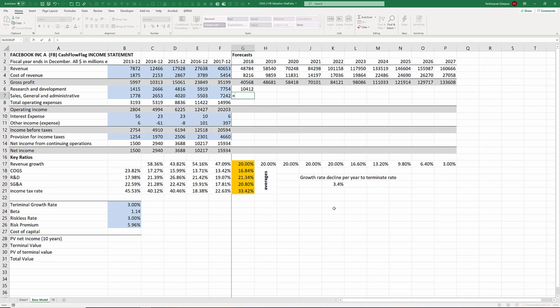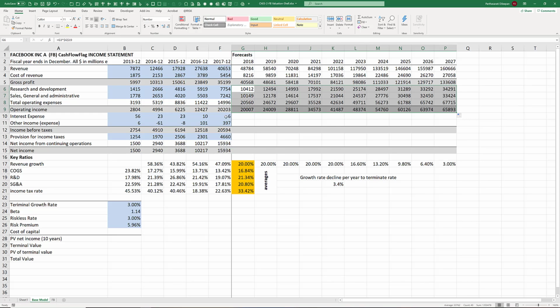Sales and general administrative expense, again, revenue times SG&A. Make that absolute reference. Then if you add the two, you get that total cost. And then we can copy this formula over, so that will give us the operating income. Now we can copy these formulas like that. So we have the operating income.